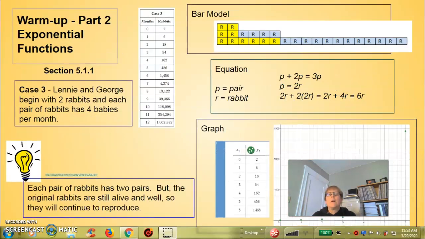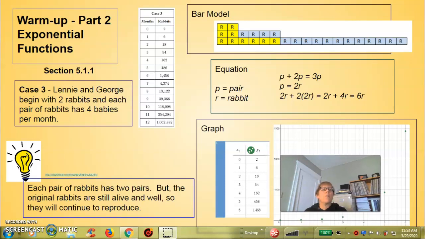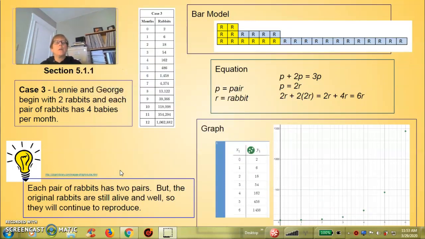All right, here we are. I'm going to actually move my face, I think right up here over where it says warm up. It's not really a warm up. Question 3. I'm hoping you figured it out. I used a bar model to try to help me figure it out. Month 0, they start with 2 rabbits.